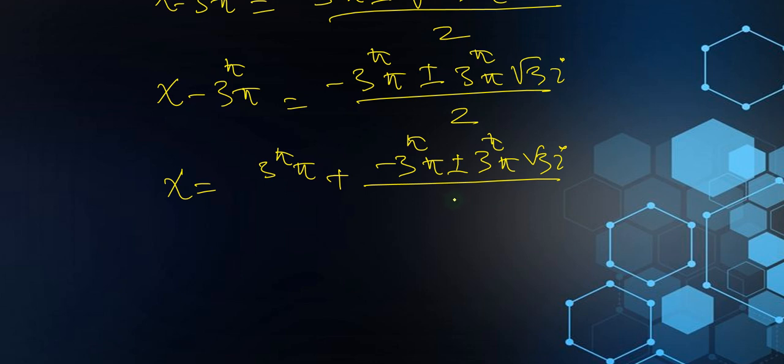3 to the pi times pi minus 3. Let me erase this one here, and then plus this one here, which is minus 3 to the pi plus or minus 3 to the pi square root of 3i, and then this is divided by 2.